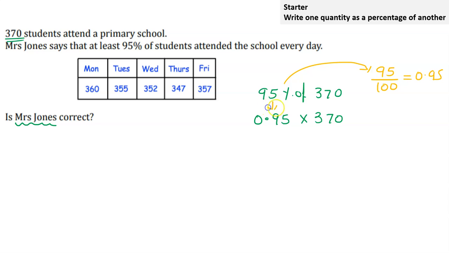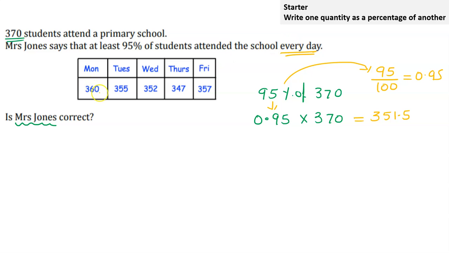That's why I have written 0.95. So let's do 0.95 times 370. You can pick up your calculator. It comes to 351.5.